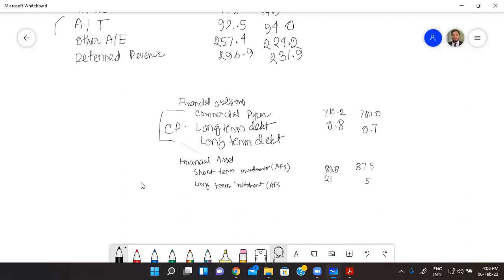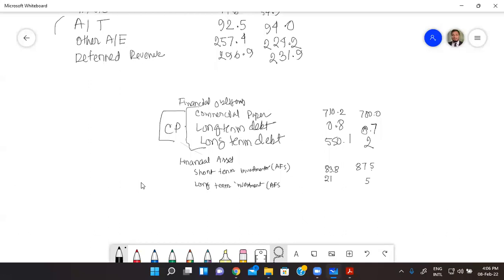How much is it? 550 million 0.1, and here it is 1.9. We can write it as 2. Okay. So our financial obligations are this amount, and is there any remaining in the operating liabilities part?